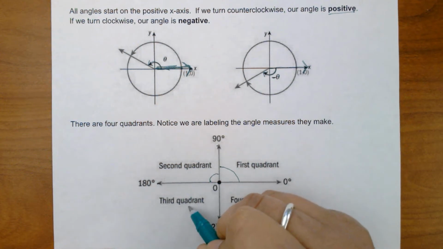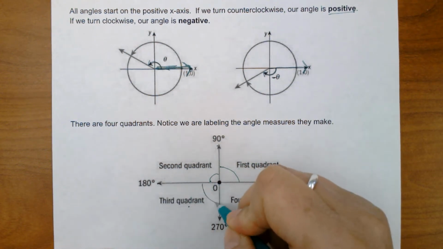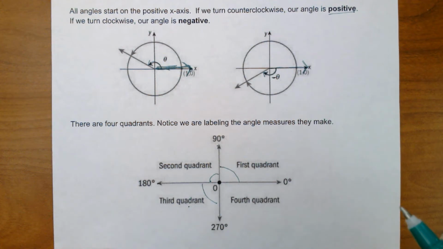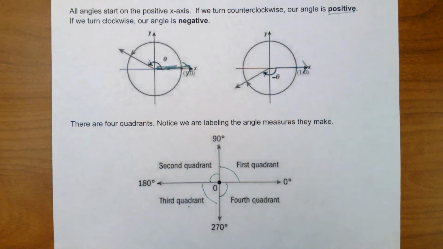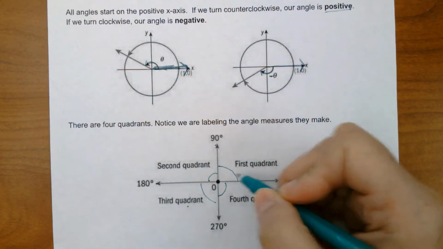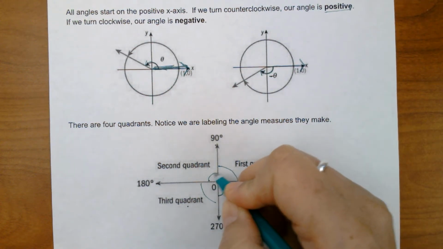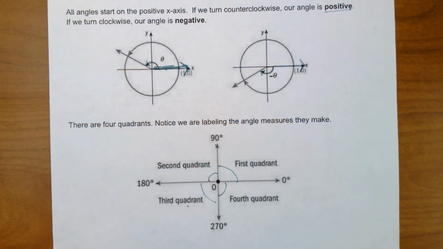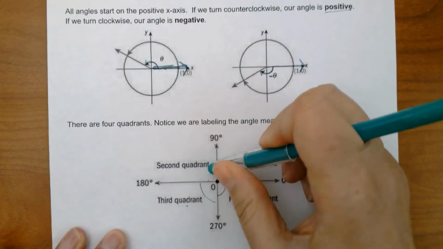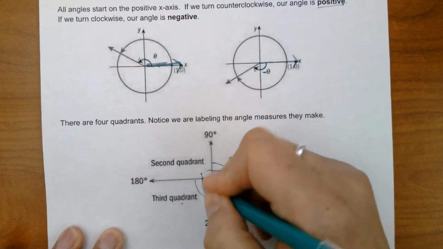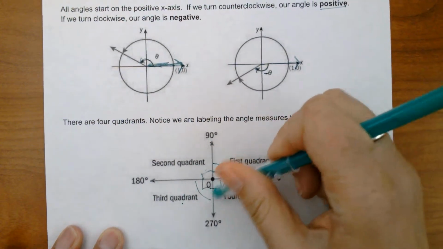The third quadrant is between 180 and 270. And the fourth quadrant, we go back from 270 to 0. And notice they're all 90 degrees. First quadrant, 90 degrees, second, third, fourth, and so on. So, perfect 90-degree marks all the way around.